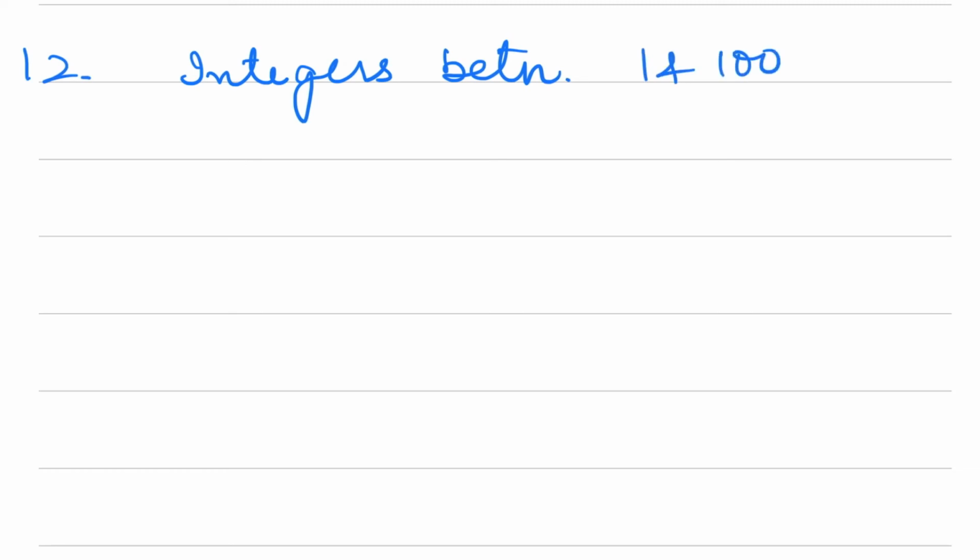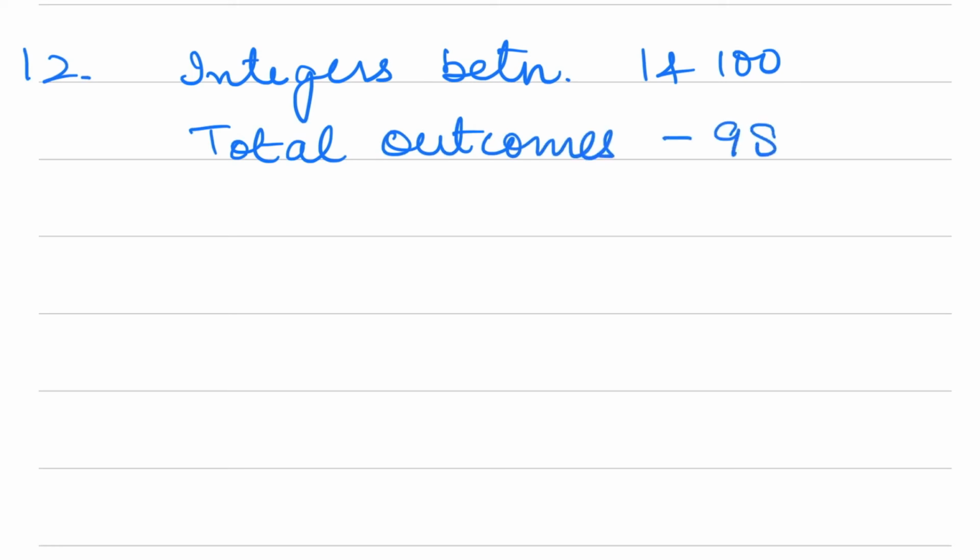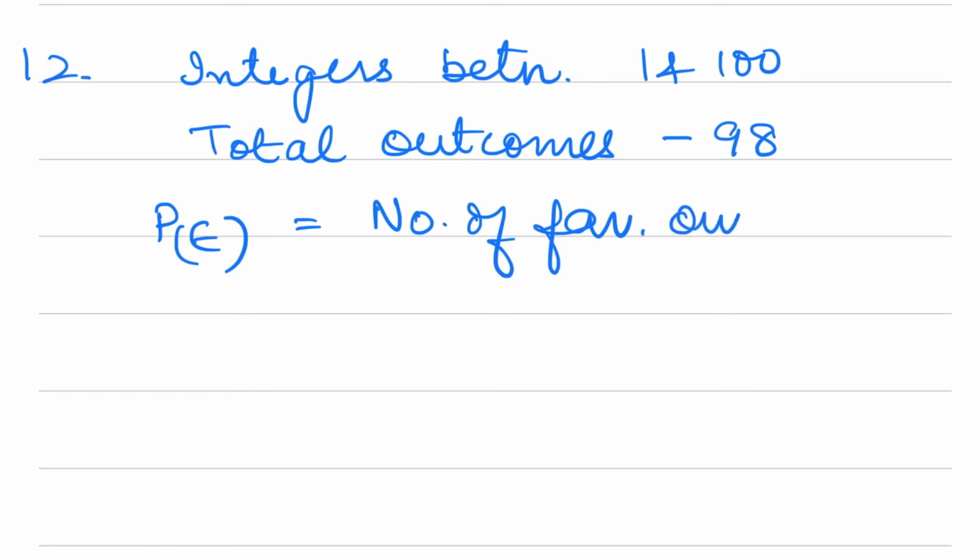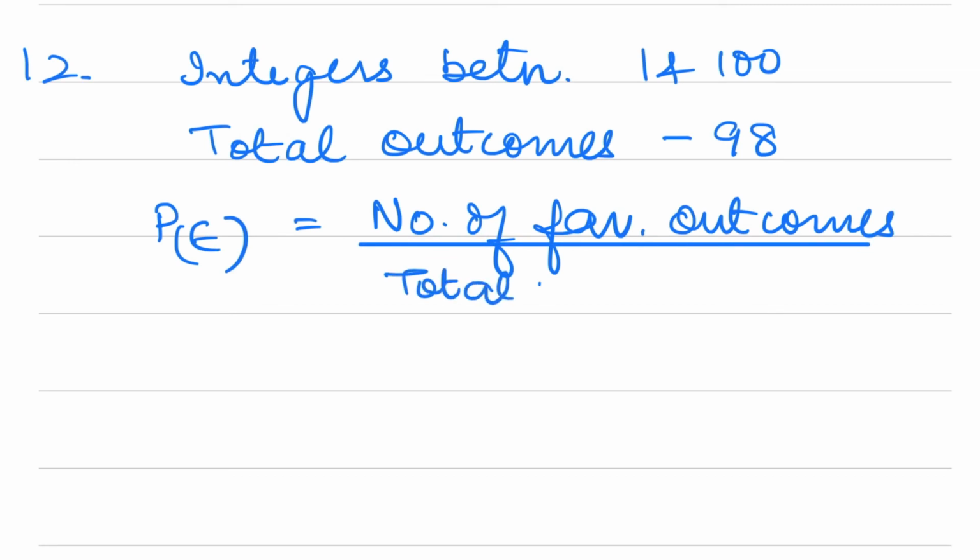So between means 1 is not included and 100 is not included. Here total outcomes would be 98. Let's write down the formula for probability of an event is equal to number of favorable outcomes divided by total number of outcomes.